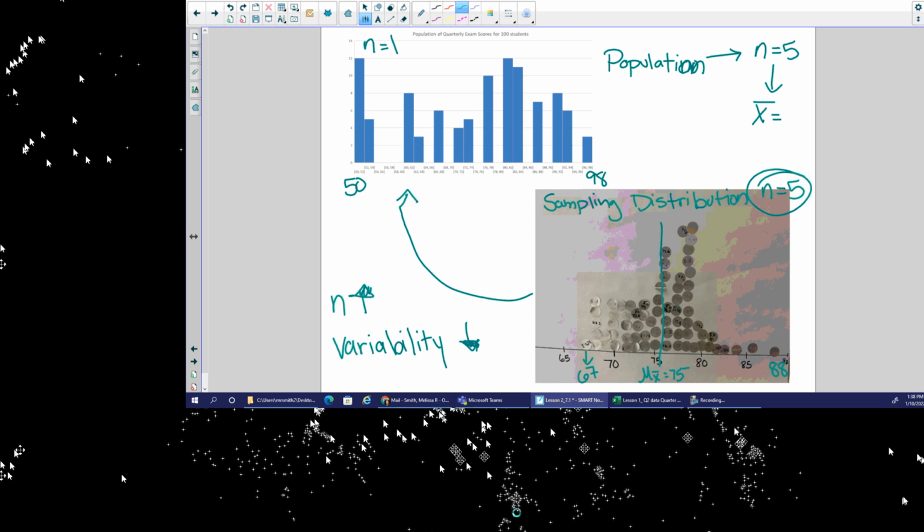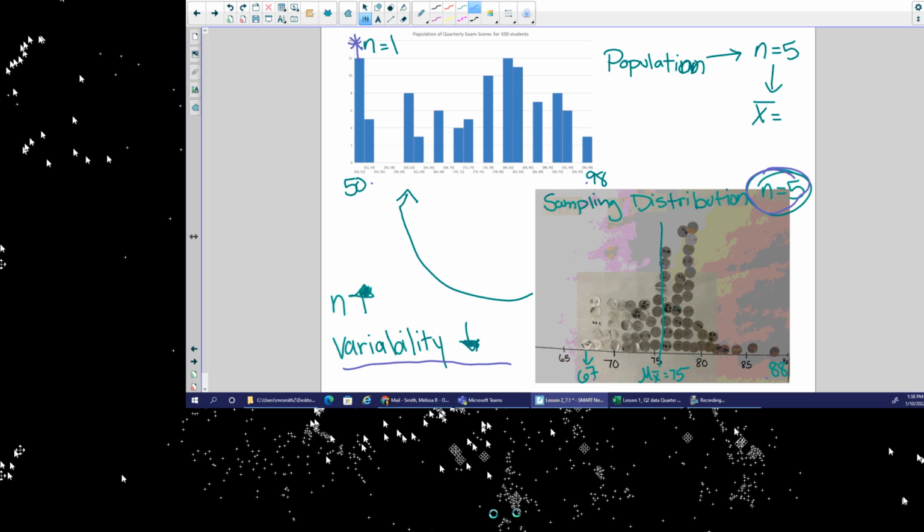So when I increase my sample size, I went from a sample size of 1 to a sample size of 5, and that decreased my spread. I had a range of 50 to 98, and then it decreased from 67 to 88. And this is because we're looking at averages, not one individual at a time, but an average of 5 individuals.